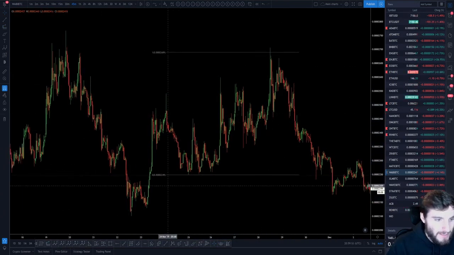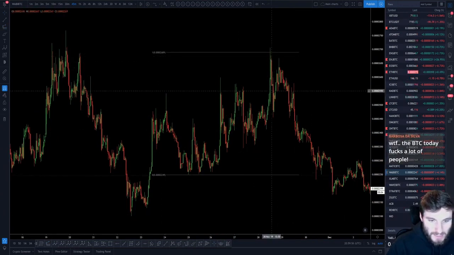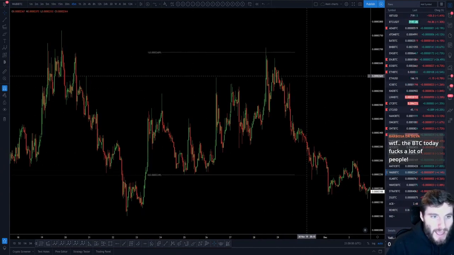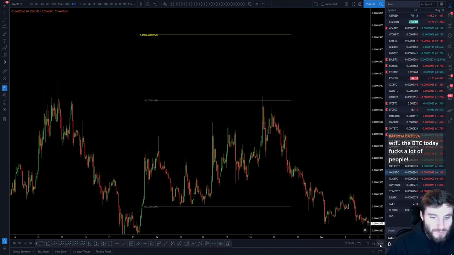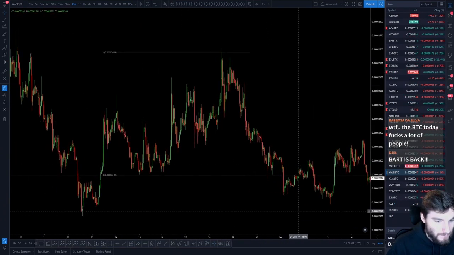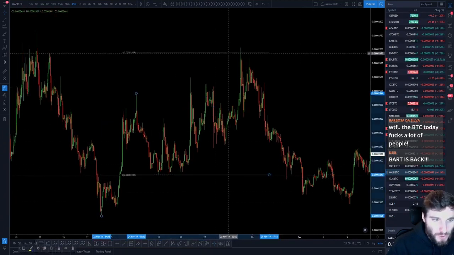This was not pre-planned either, but here you can see it hit the 1-to-1 extension and very much fell off a cliff. So if you were aiming for the 1618 and took profit at the 1-to-1, you're definitely not going to be unhappy, because that has hit the 1-to-1 and not made new lows. Nevertheless, you can see the importance of the 1-to-1 extension there.